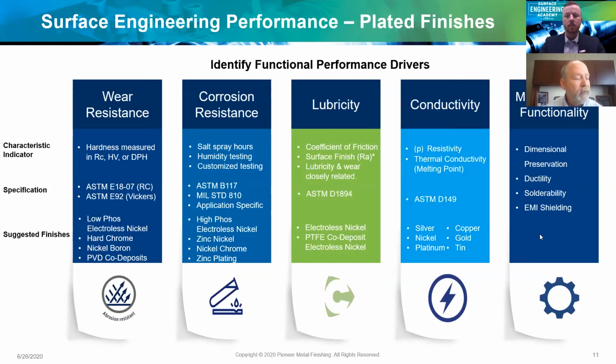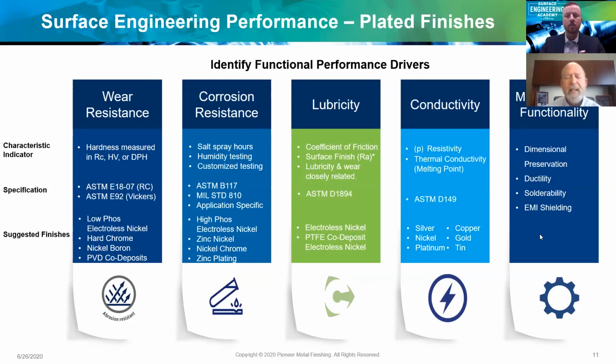There's also the zinc platings that are out there that offer sacrificial protection. And then there's different types of testing to see how good the corrosion protection is, such as humidity testing, and then special customized testing, such as cycle testing.